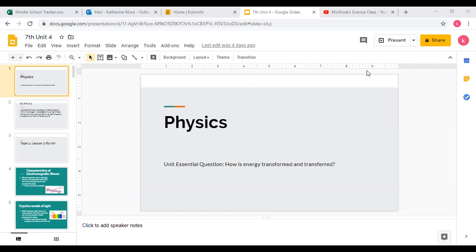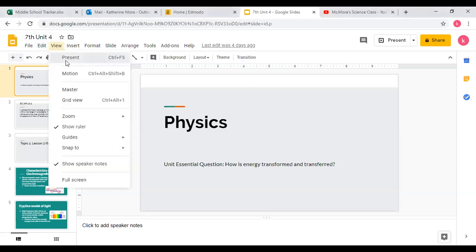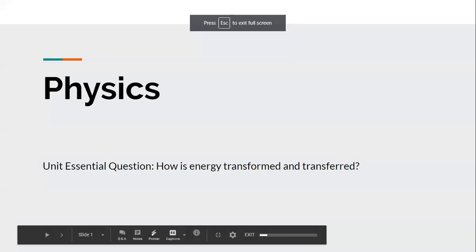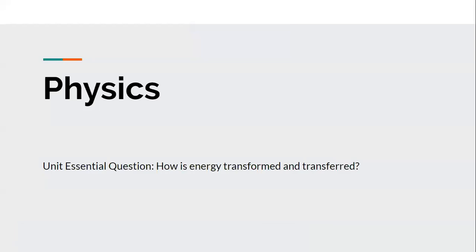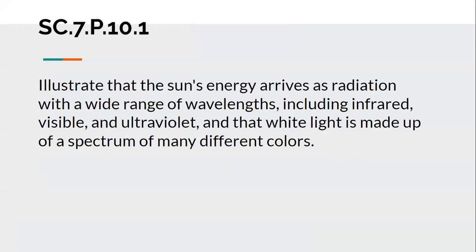Like I said, we're going to be talking about physics. We also have this unit essential question: how is energy going to be transformed and transferred from one object to another? Remember, you can always use CPALMS.